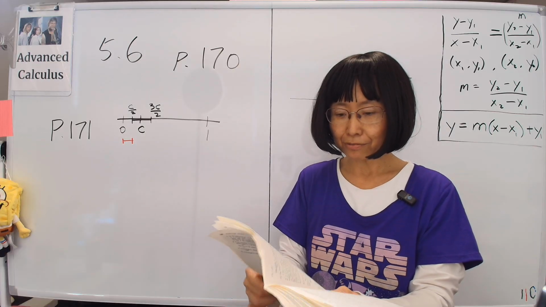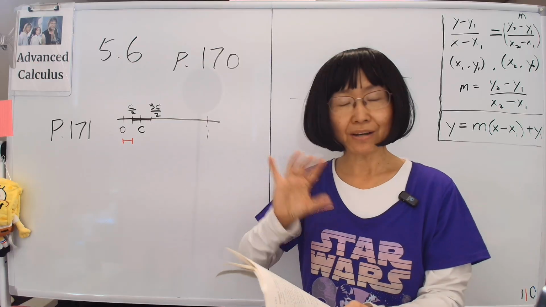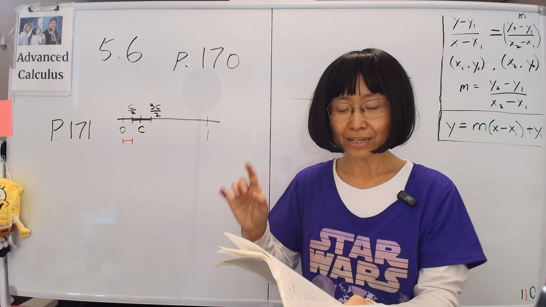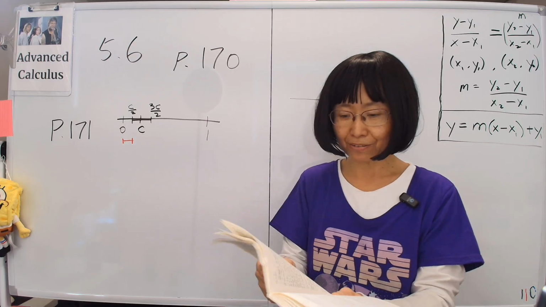Now, we have a finite number of stuff, right? Out of a finite number of stuff, we can pick something that's the biggest. So let M be the maximum of all the M's that we have found so far.